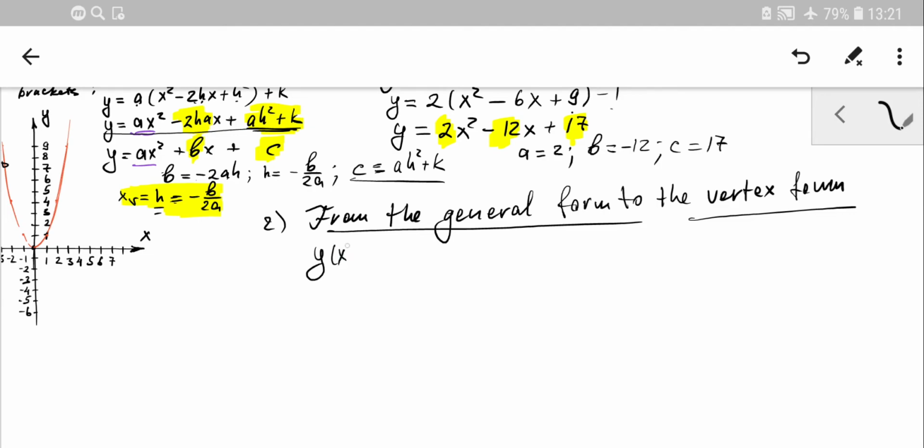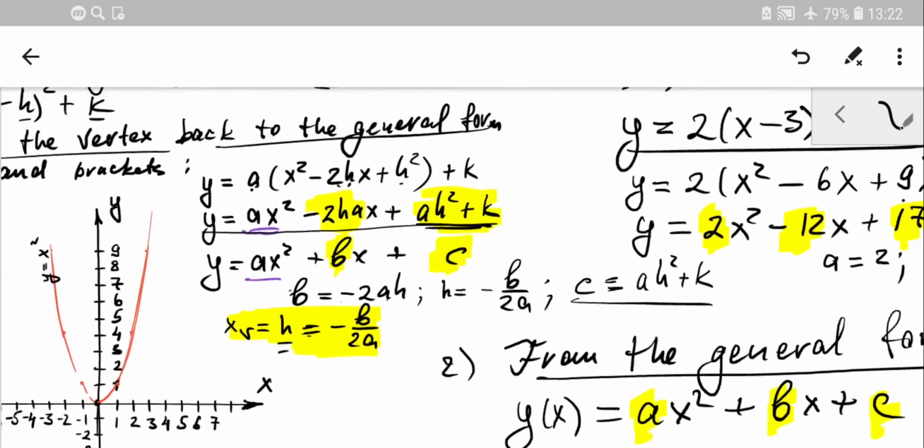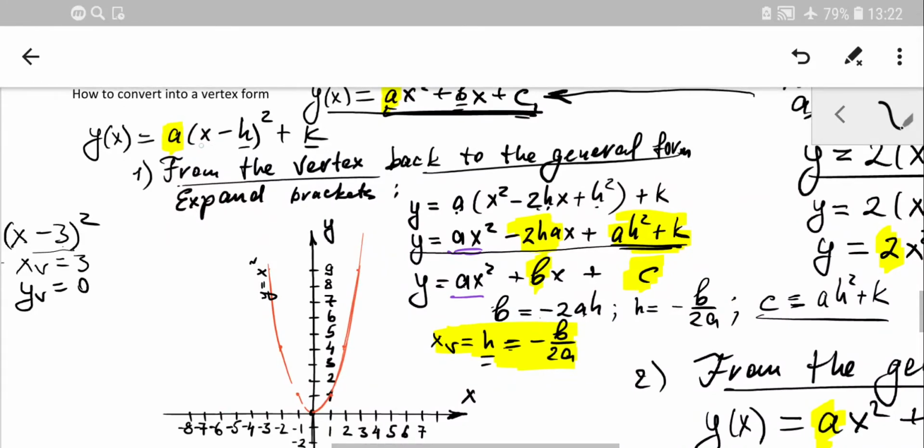So y of x is ax squared plus bx plus c. That's what you are given initially. So you're given coefficients a, b, and c, and you need to come back to the vertex form. Because the vertex form uses the completed square, right? Your x variable is isolated from other numbers and it's completely within a square.